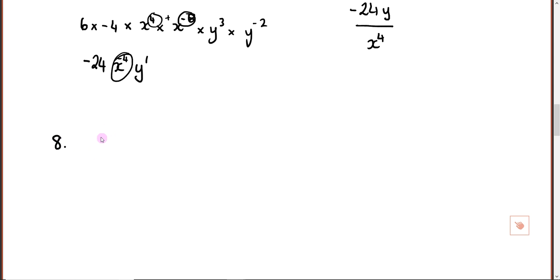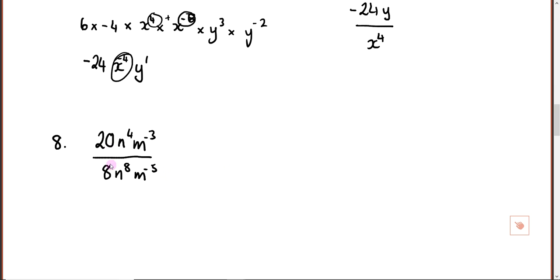We've got 20 n to the power of 4 m to the power of negative 3 divided by 8 n to the power of 8 m to... Again, we can do this in any order. Let's deal with it another way first. So instead of writing it all out this time, I'm just going to do it.